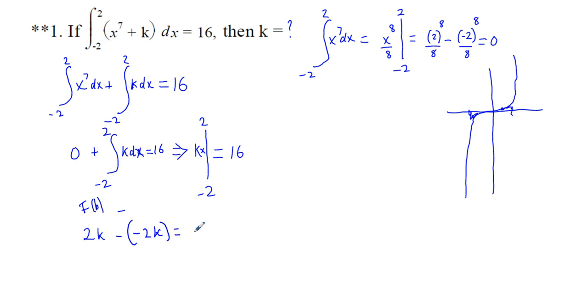And that's going to be equal to 16. So what we have here is 2k minus negative 2k, we have 4k is equal to 16. And working to the right, finally, we have k is equal to 4. And then to test, we could go back and substitute in and see that's the case, but this will be our answer to problem number 1.